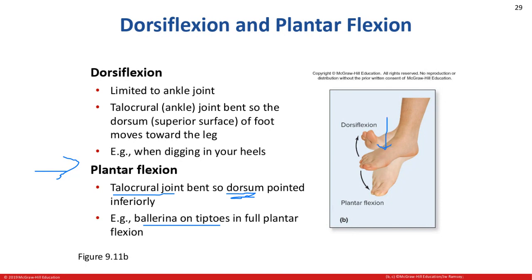So when we talk about plantar flexion, the dorsum is going to be pointed downwards. Remember the dorsal fin on a shark is on the back of the shark? Well, the top of your foot is considered to be the dorsal portion of your foot. Dorsiflexion, now our ankle joint, we're going to bring the dorsum of our foot, the top of your foot, towards your shin.